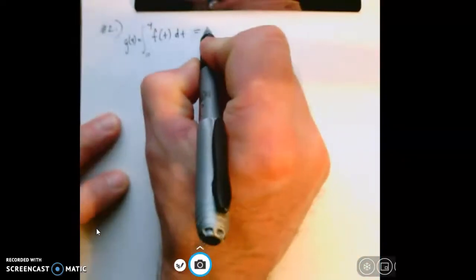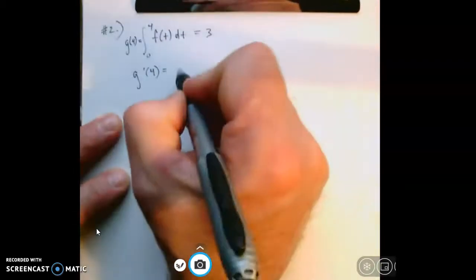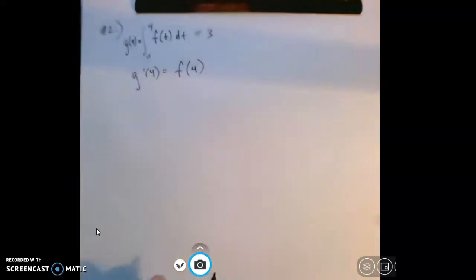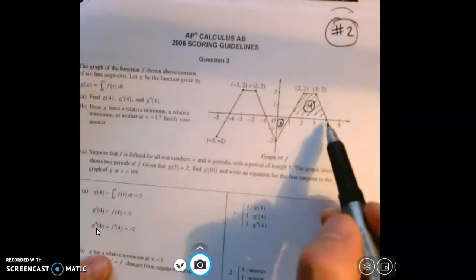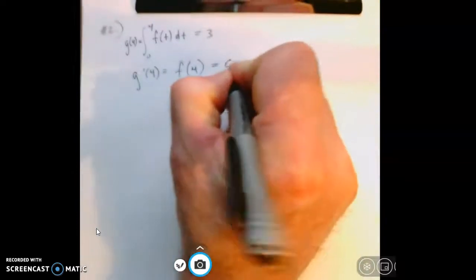So this is +3. G prime of 4 is equal to the derivative of this integral, so f of 4. So that's the first fundamental theorem of calculus. Therefore, g prime of 4 is literally this y value right here, f of 4. So that becomes 0.